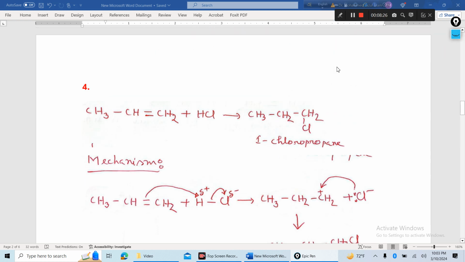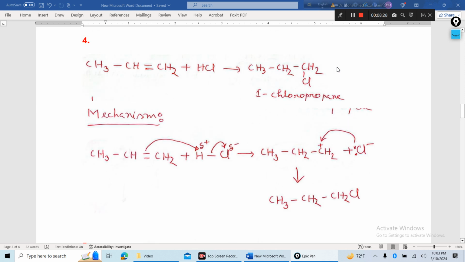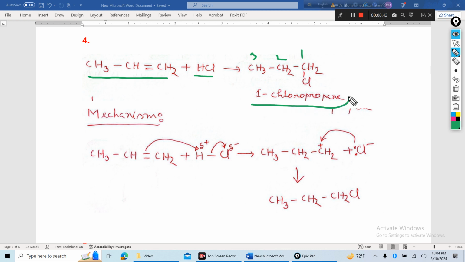Now next one. Propene reacts with hydrogen chloride, and this forms 1-chloropropane.